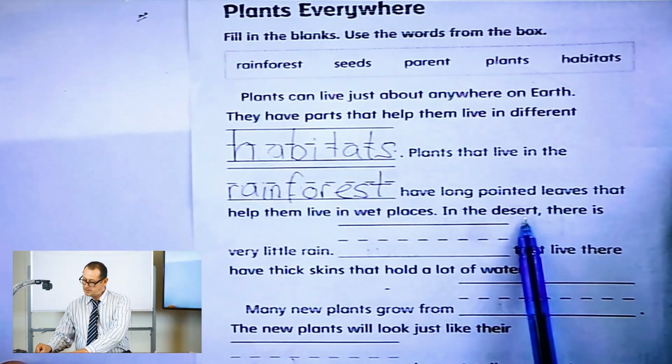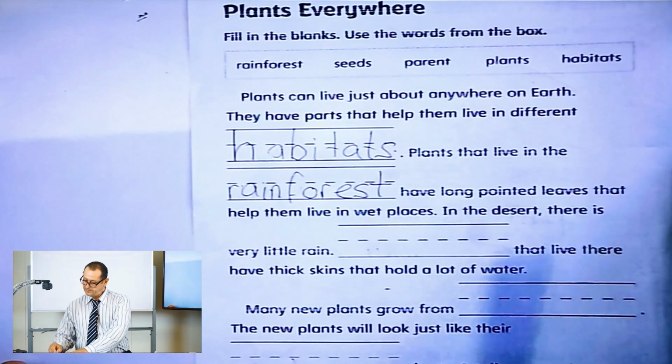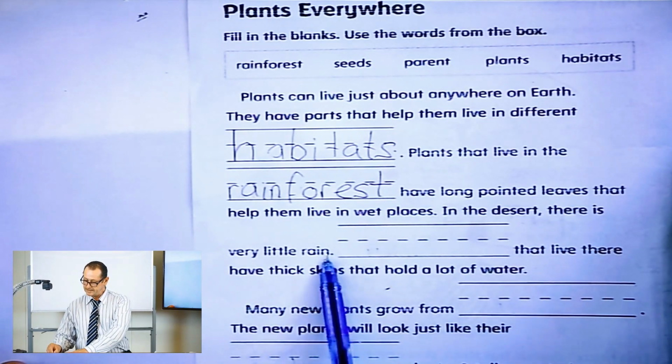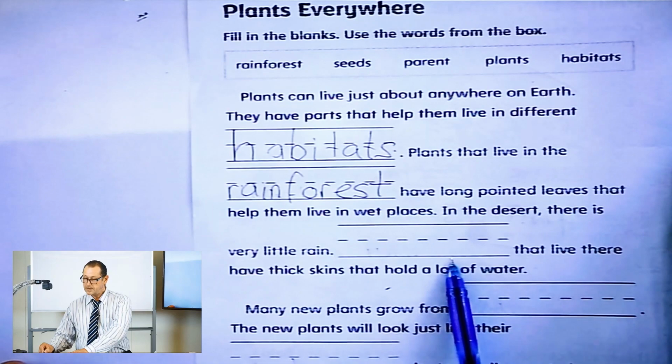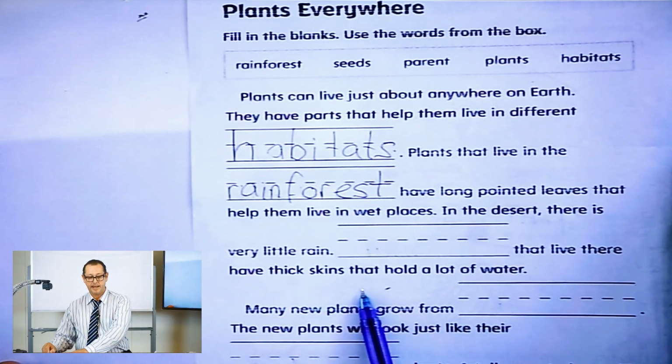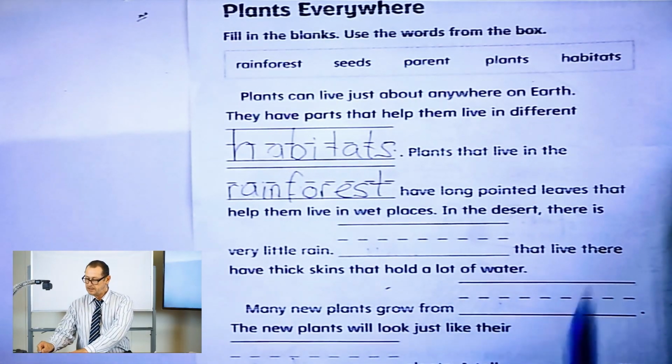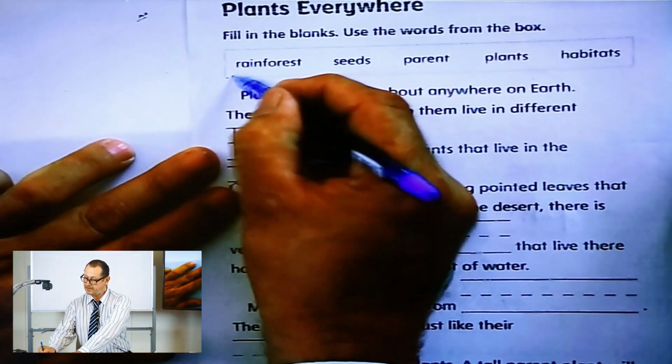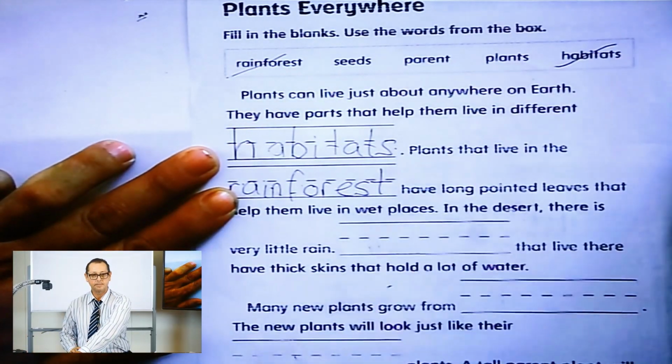in the desert, there is very little rain. Plants that live there have thick skins that hold a lot of water. So what is the correct answer? Let me just cross off rainforest and habitat.